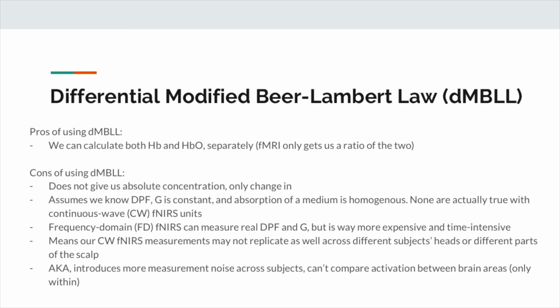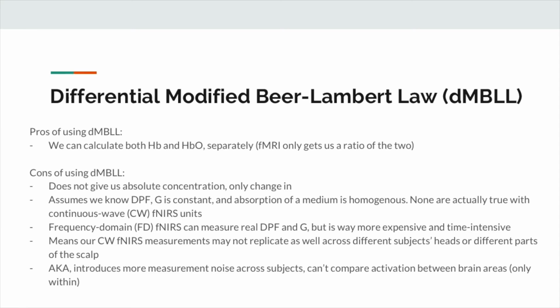Now there's a type of infrared spectroscopy called frequency domain fNIRS that can measure real DPF and G, and the way it does this is essentially by, instead of continuously transmitting the same wavelength of light from a source into a detector, varying the frequency of the light it's putting out.